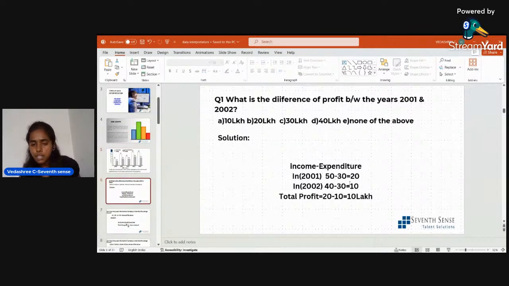So this is the procedure. In 2001, 50 minus 30 is 20. In 2002, 40 minus 30 is 10. So the total is 20 minus 10, which is equal to 10 lakhs. So option A is the correct answer. Understood?